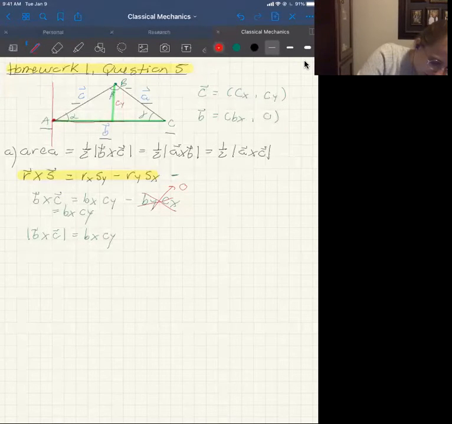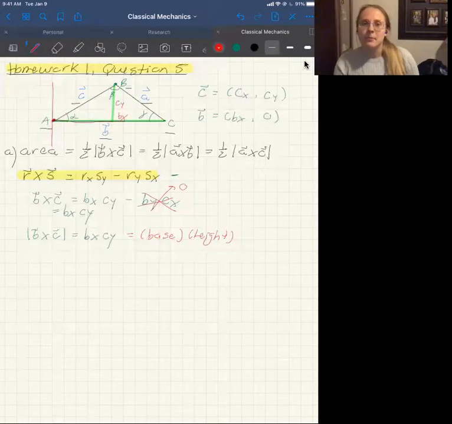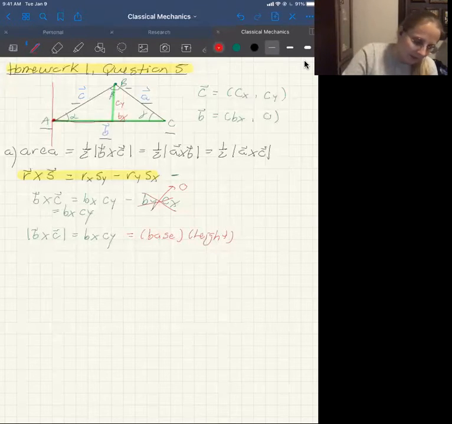On the triangle, bx is the base of the triangle, and cy is the height of the triangle. So the magnitude of the cross product of b and c is simply the base times the height.